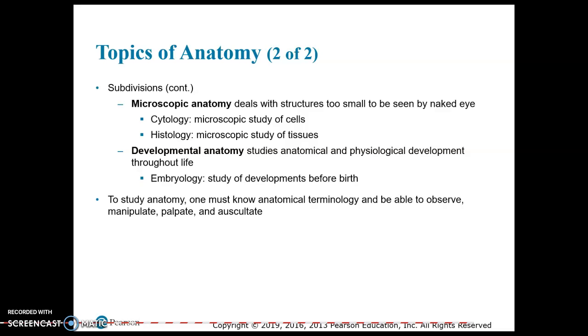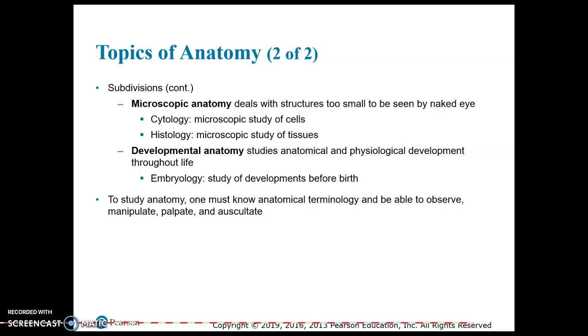Which you will learn the name for that. I'm sorry, I got interrupted. It's the antecubital region, the region where your elbow bends, and that's where they generally take blood when they're doing blood work on you.